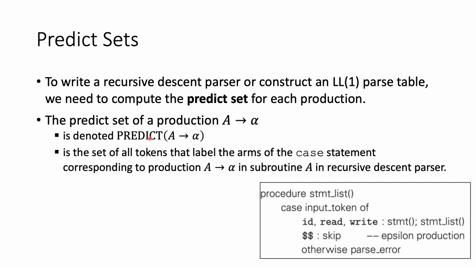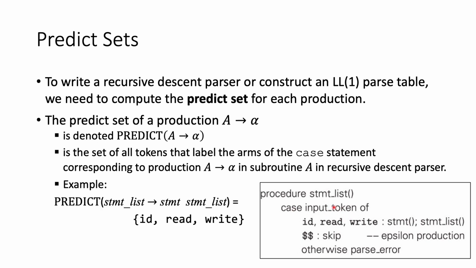This predict set is the set of all tokens that label the arms of the case statement corresponding to the production A to alpha in the subroutine A in the recursive descent parser.